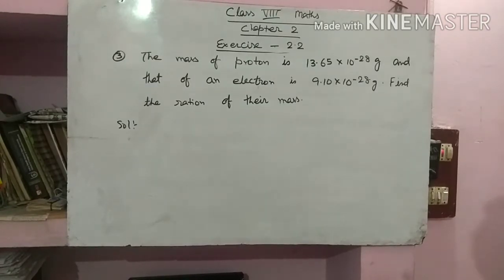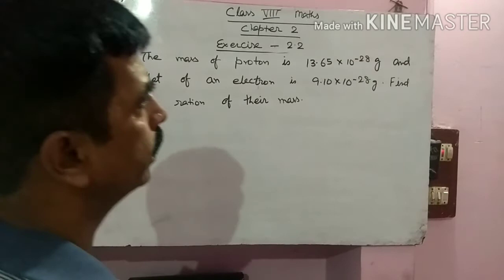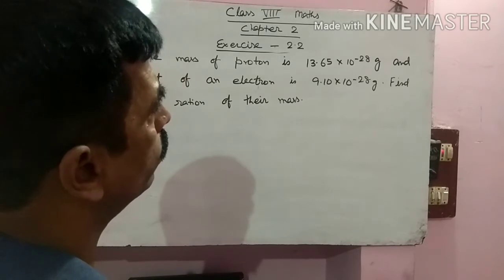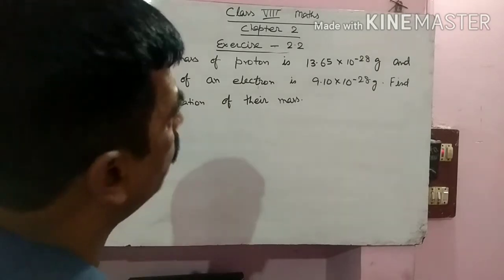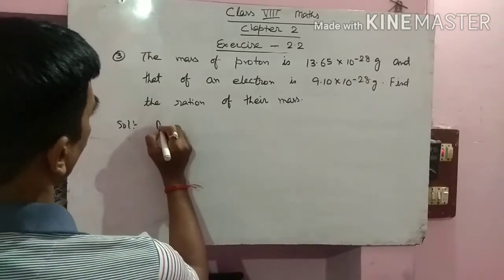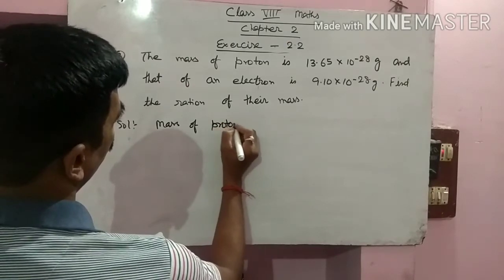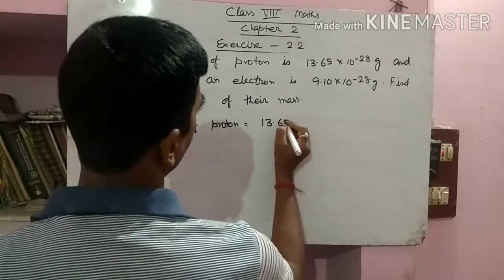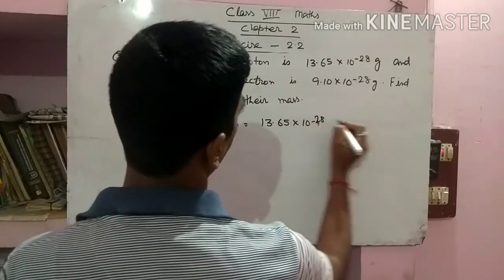Look here, question number 3 is, mass of proton is 13.65 into 10 to the power minus 28 gram, and that of an electron is 9.10 into 10 to the power minus 28 gram. Find the ratio of their mass. So this is a word problem, so we have to write some steps. Mass of proton is equal to 13.65 into 10 to the power minus 28.